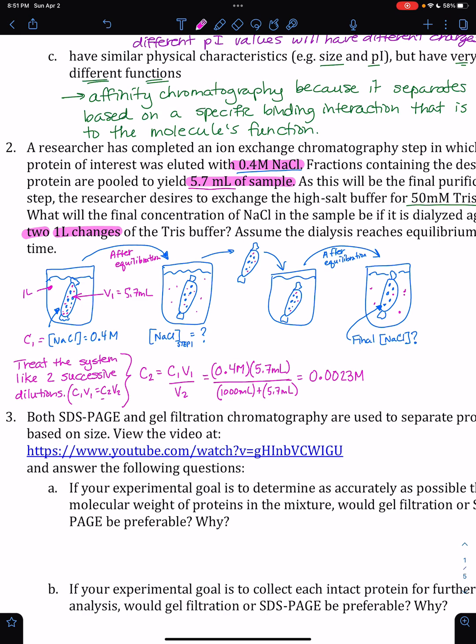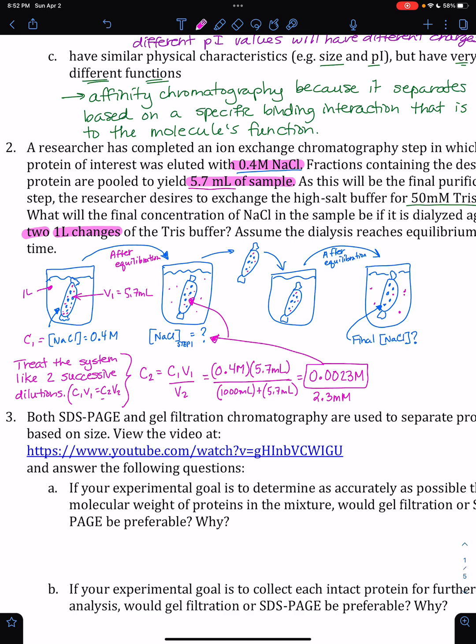So this number that we calculated is what the salt concentration is inside the bag after the first step. 0.0023 molar. In millimolar, we would move the decimal point 3 places. So this is actually 2.3 millimolar if you wanted to write it in millimolar concentration.